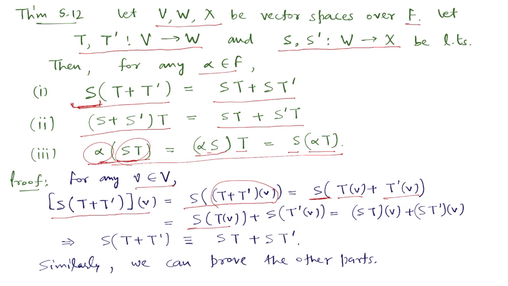So this is S of Tv plus S of T dash v. So this is STv plus ST dash v, and so we can say that S times T plus T dash is same as ST plus ST dash, and similarly we can prove the other parts.